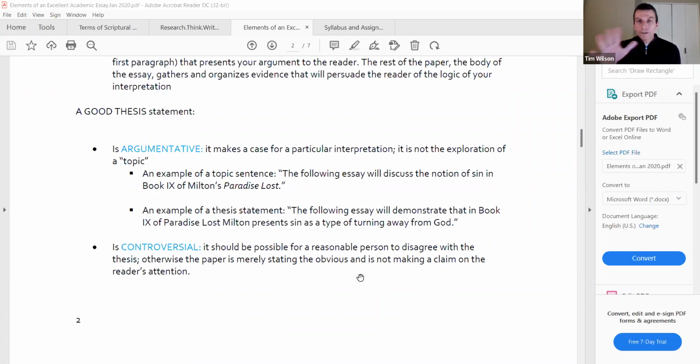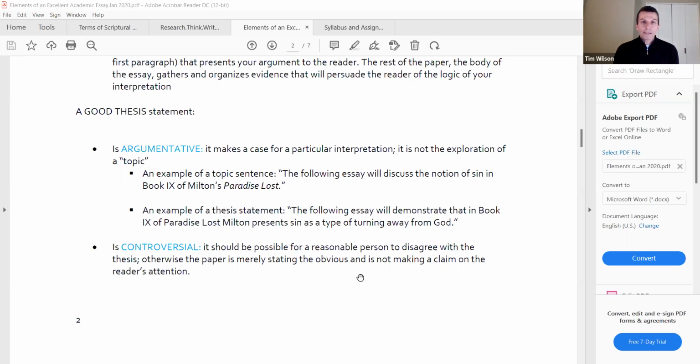Often it's because the thesis is way too broad. You know, Shakespeare's play Henry V is about war, or something like that. First of all, it's way too broad. It's obvious. It's not controversial. So I'm going to go through some of the attributes you need.